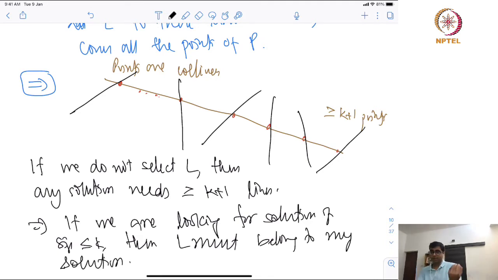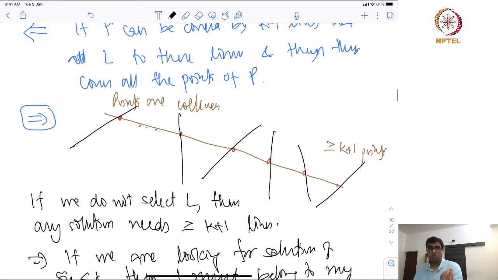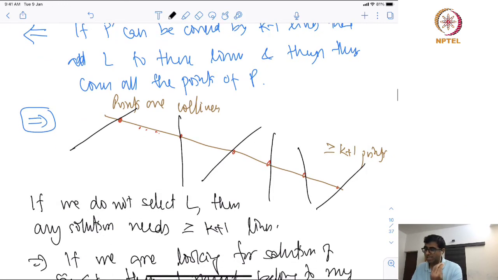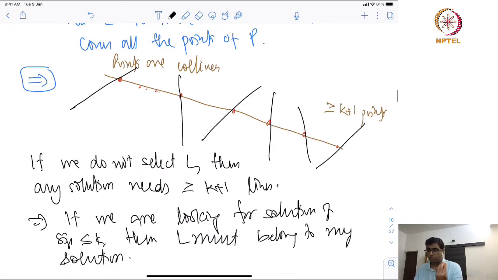Then we are done, because for the forward direction we know there is an optimum solution which contains the line L. If you take out all the points that L covers, there are k minus 1 lines that cover all the points which L does not cover, and that is precisely the points in P prime.